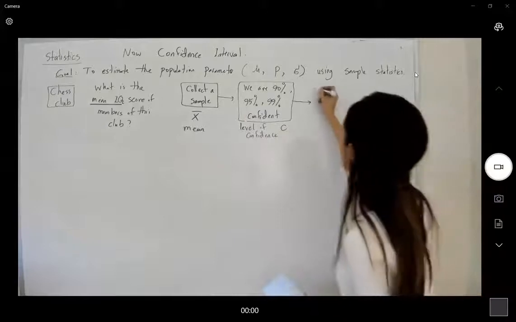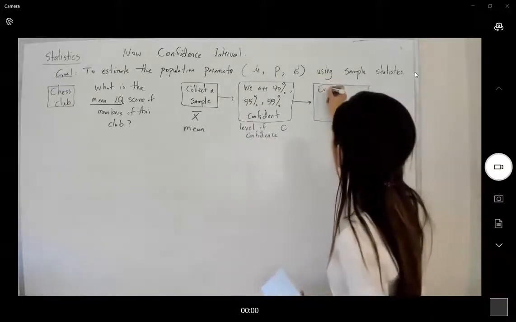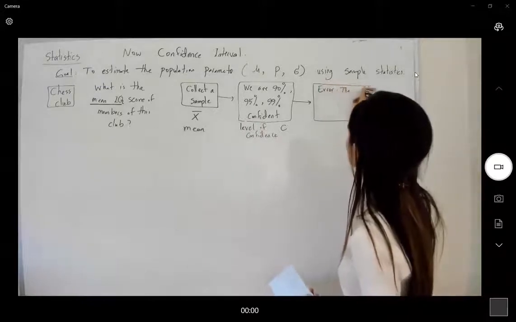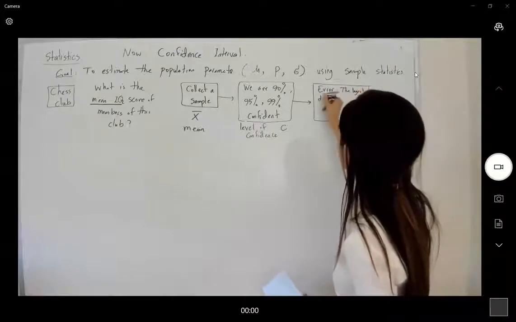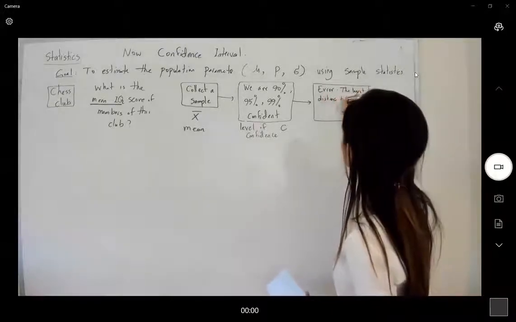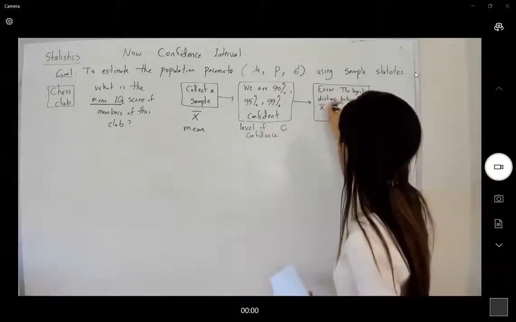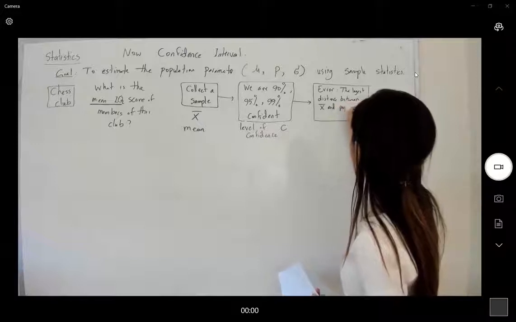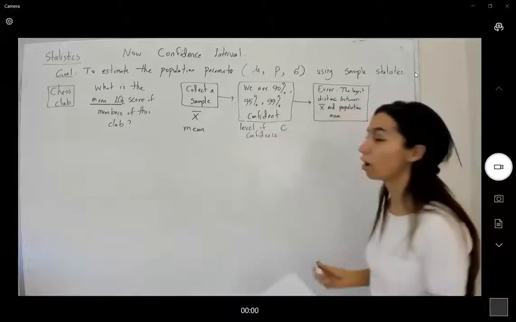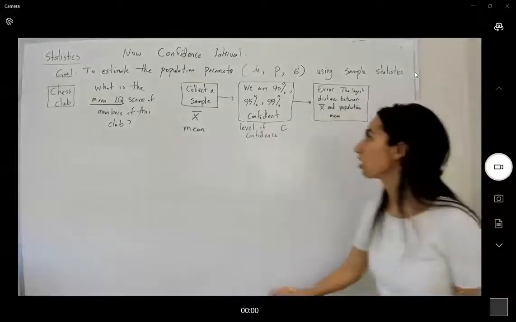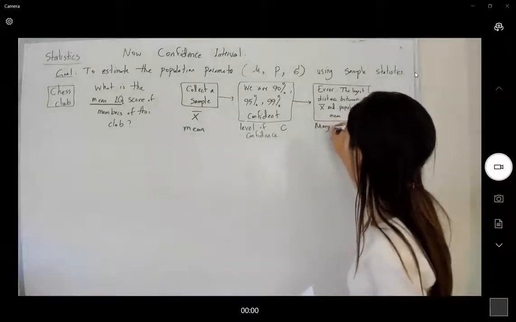Of course. An error for the largest distance between X bar and the population mean. We call this number margin of error.